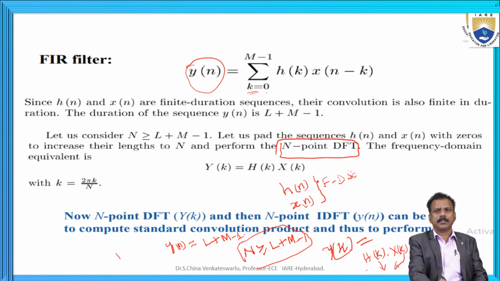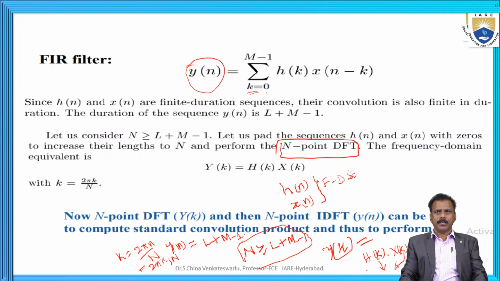Normally that k value is equal to 2 pi k by capital N. Like this, we will try to analyze the frequency domain. The equivalent is Y of k equal to H of k into X of k.